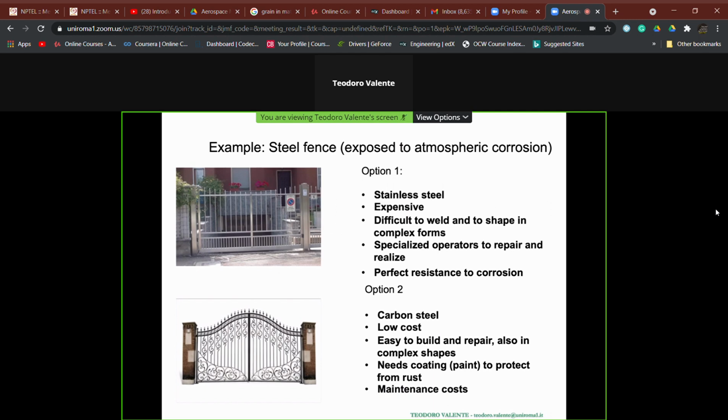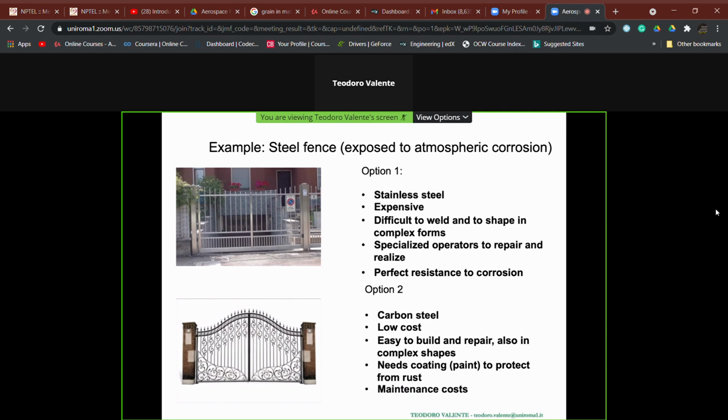Well, we have two options on the table. One option is to limit this atmospheric corrosion, which is able to negatively affect the lifetime of our fence. The first option is to select stainless steel as a base material.